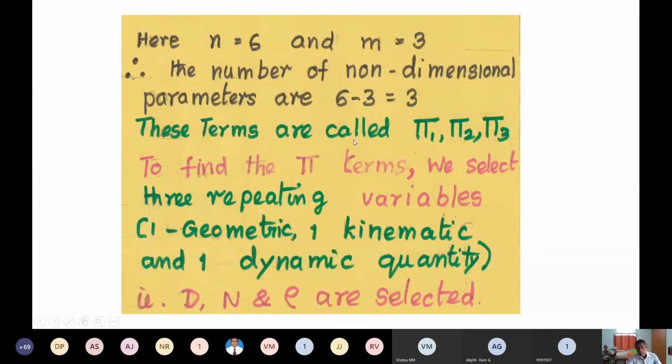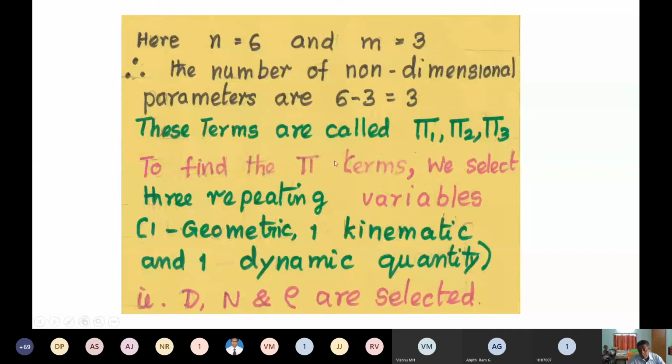All these parameters are product terms, not summation terms. Had it been summation terms, one would have preferred sigma 1, sigma 2, sigma 3, because that is the notation used for summation. Here it is a product of terms, so it is denoted by pi.